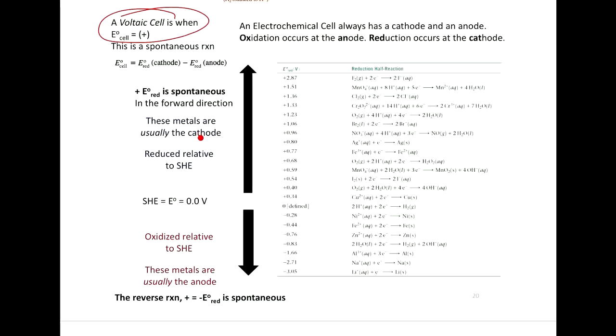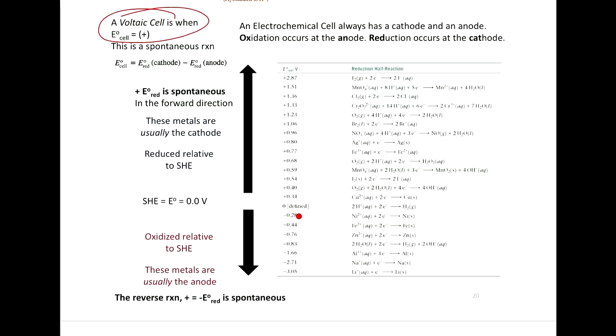These metals are usually the cathode because reduction is favored. Reduction is favored because they have higher, more positive reduction values. Versus the substances below the standard hydrogen electrode, notice how these reduction potentials are negative. So these reactions are not very spontaneous in the forward direction as written. These reactions don't really want to do the reduction reaction because they have negative reduction potentials.